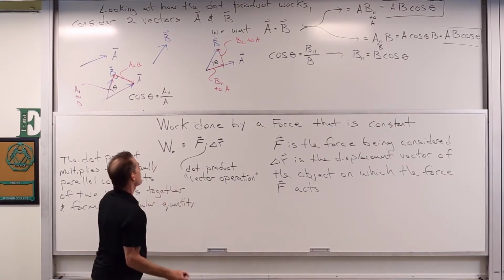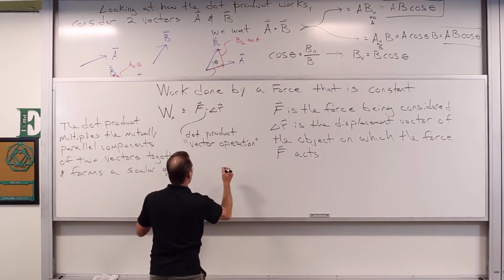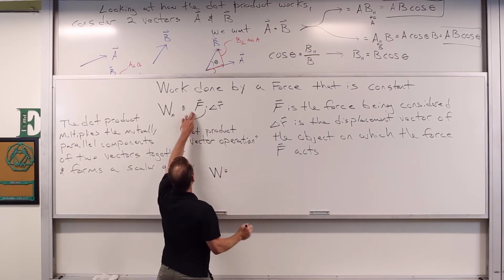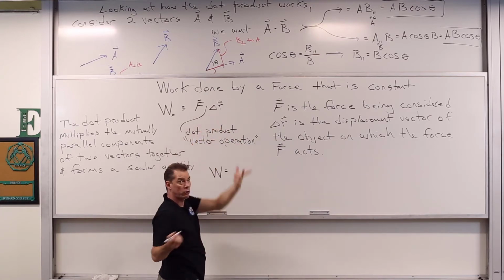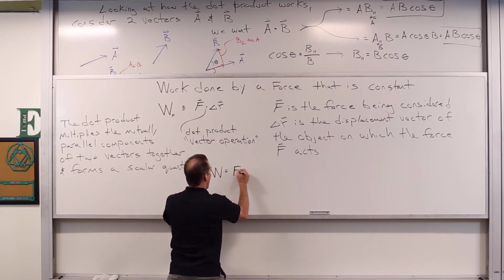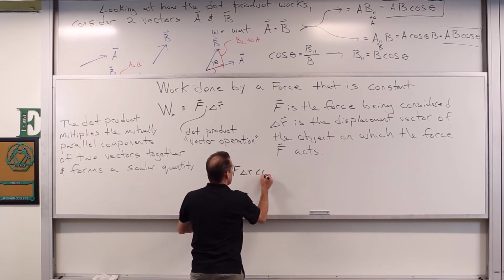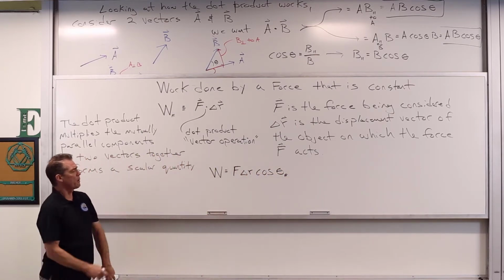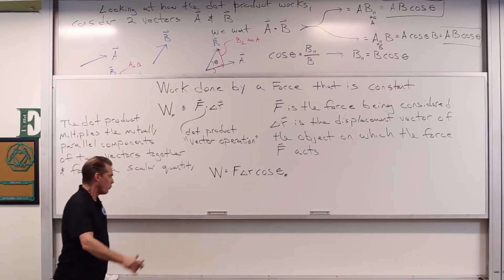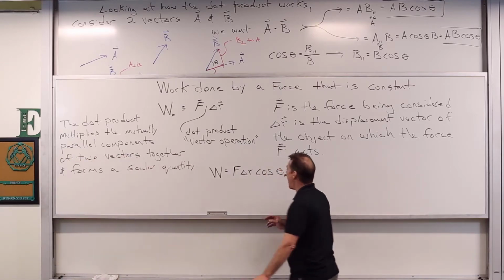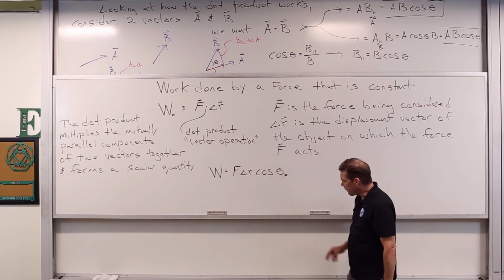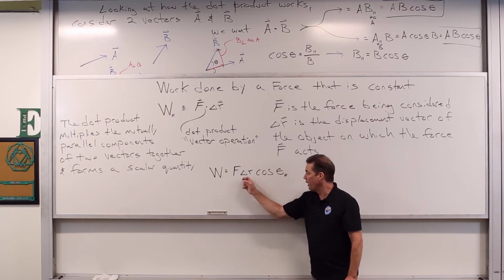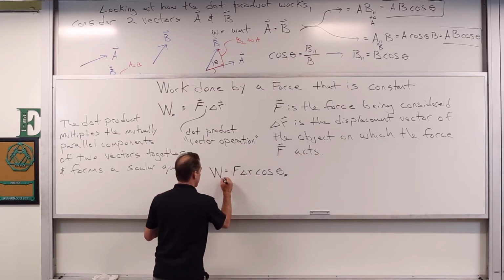What do we have with respect to work then? Well, with respect to work, we can write then that work is equal to F delta R times the cosine of theta sub F. The reason I put the subscript on that theta is so that we're reminded that we're looking at the angle between this force that we're considering the work for and the displacement that the object is undergoing.